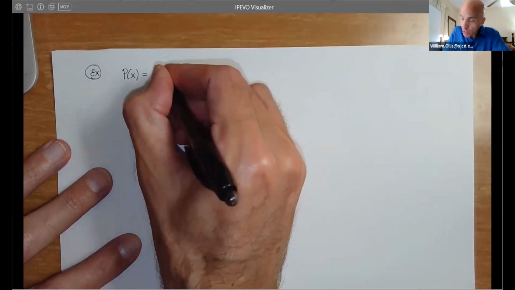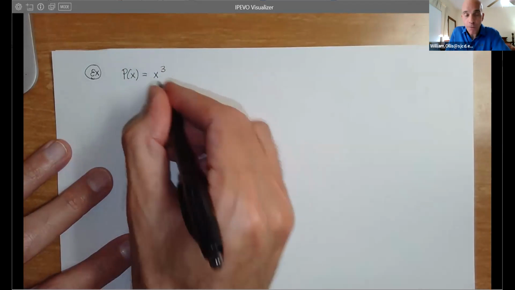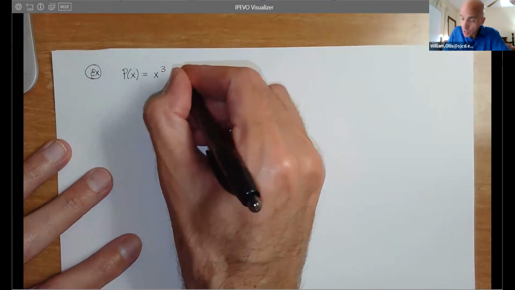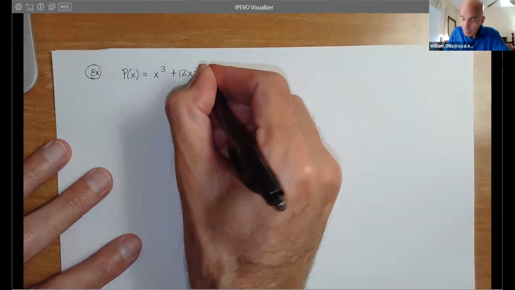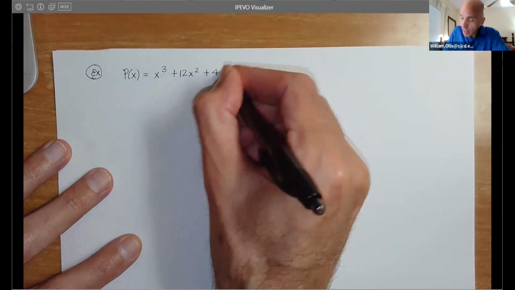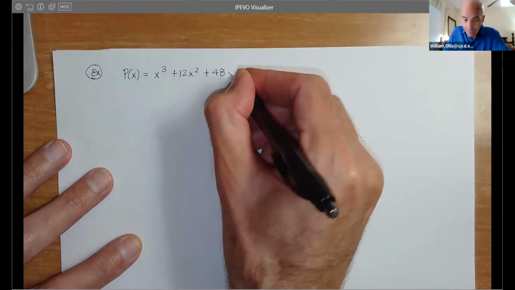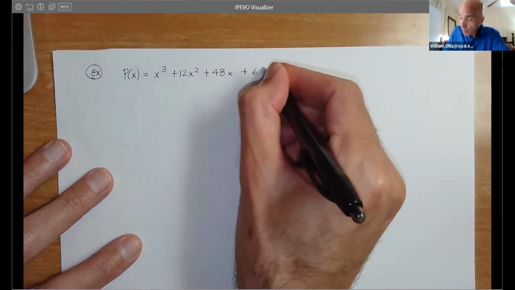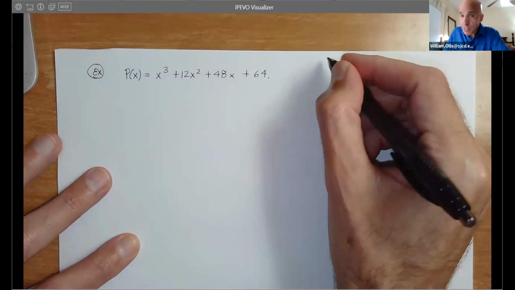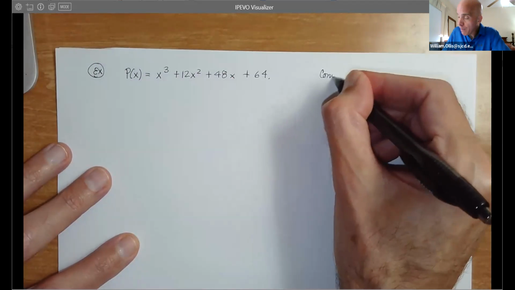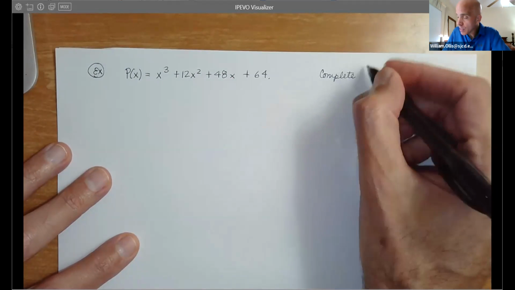So we have x cubed, again, this has a leading coefficient of 1, plus 12x squared, plus 48x, plus 64. So basically here we want a complete factorization, and that means finding the zeros.